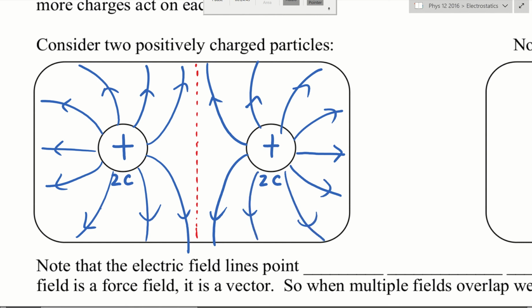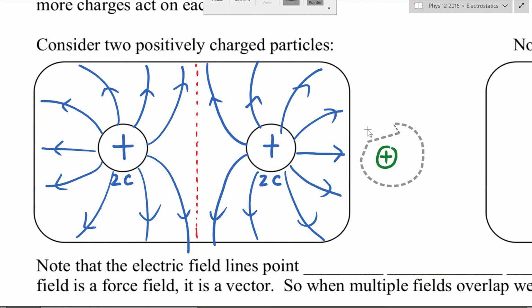Okay, so now again, you could bring in some positive test charge, and then you can ask yourself, which way would that point? Okay, just 1 second. Okay, so now remember, these are the lines that you use to predict what happens to a little positive charge if you bring it nearby.